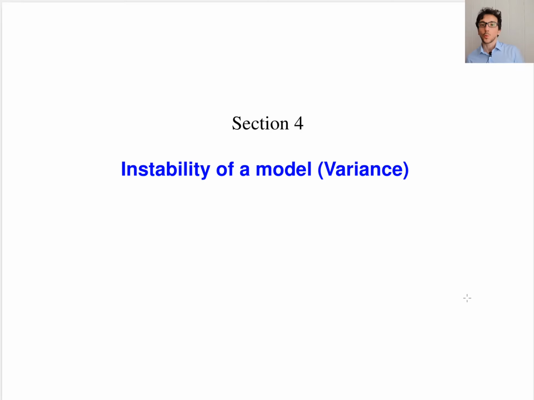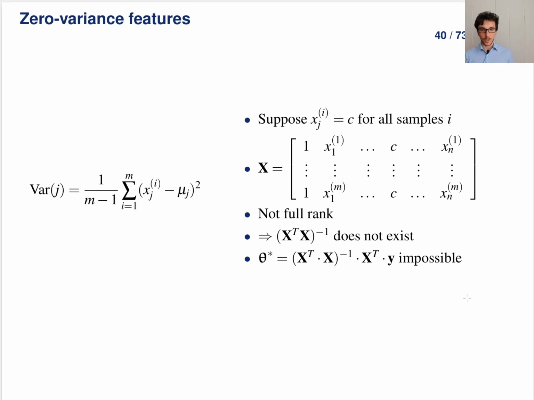Let's try to understand why, even if we ended up with a very rich model with a lot of features, the error was very bad in the test set, way worse than when we had just one single feature. The cause is that the model is unstable, and let's try to understand why little by little. First, consider this data set here, where we have a column that is constant.